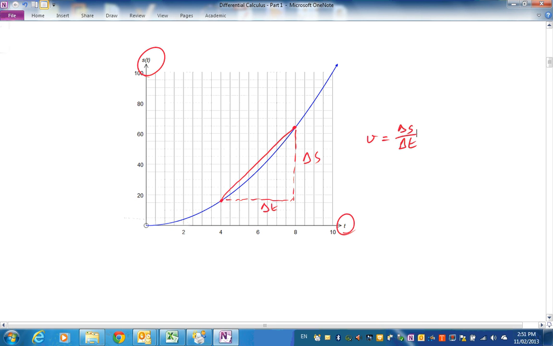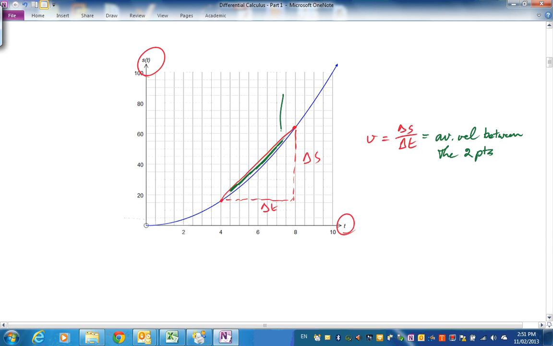Do you see my problem? Look at this. That's not working too well. There's a gap there. Hey, this is the average velocity between the points I've used, between the 2 points.